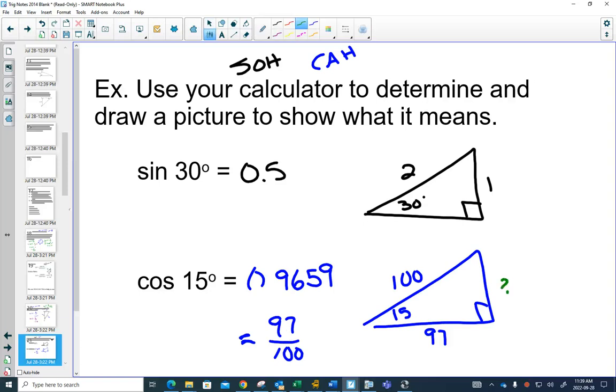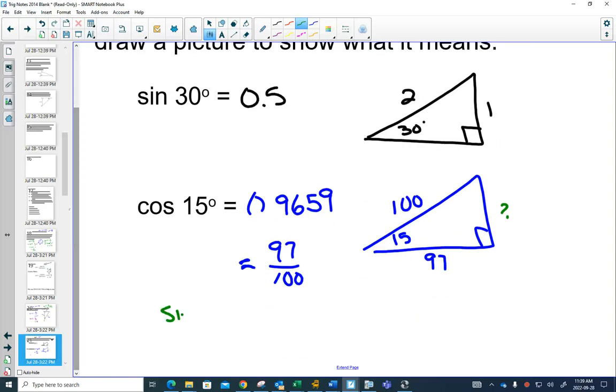Can you see that if I did sine of 15 on my calculator, I get 0.2588. What is that approximately over 100? 26. I already had 100 as my hypotenuse. That means this side would be approximately 26.